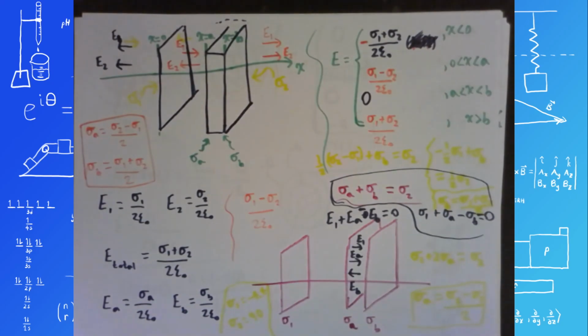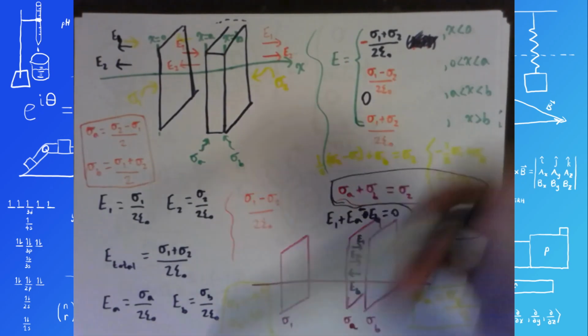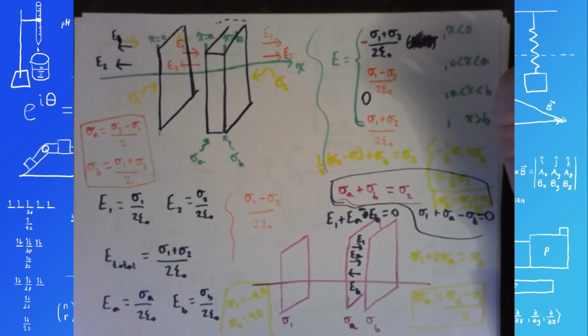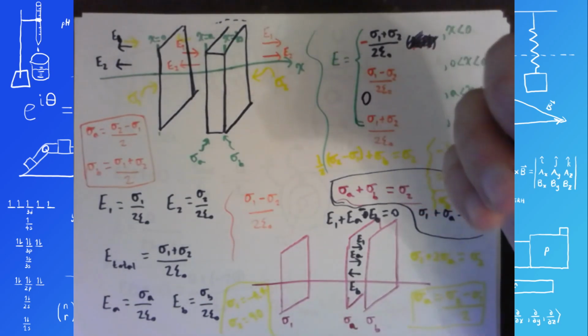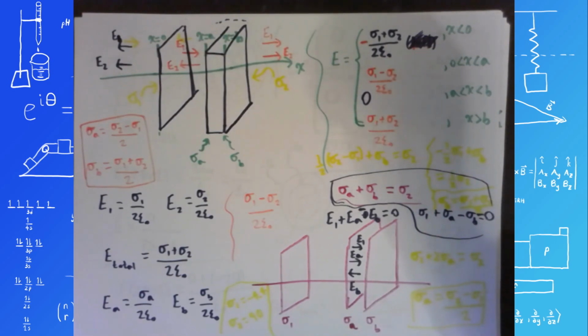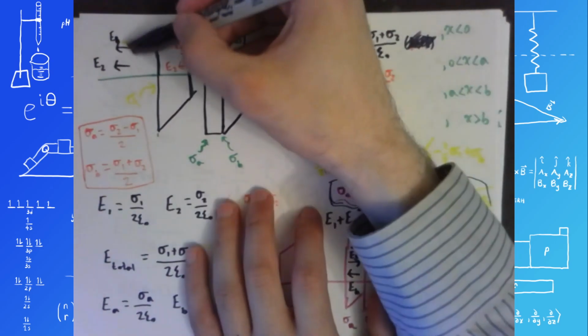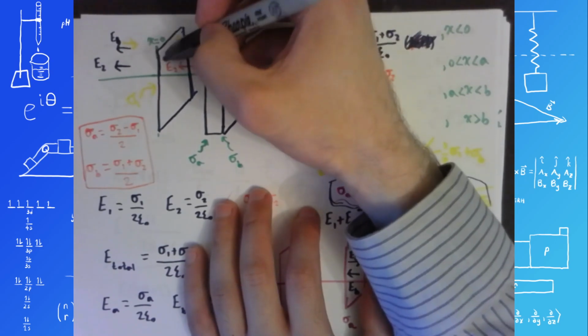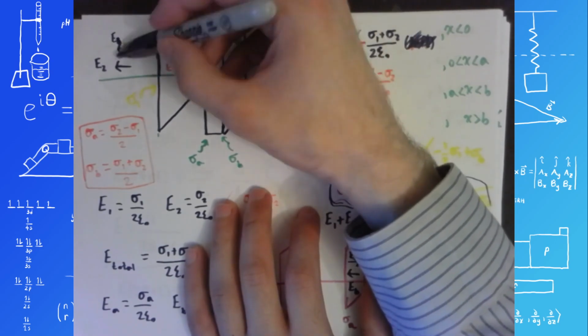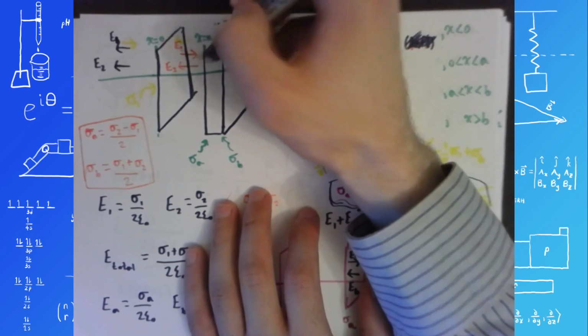And be very careful about assigning negatives to the magnitudes of your electric fields in that case, because the common pitfall that students tend to fall for with these is they forget that the electric field due to any individual sheet is going to have opposite directions on opposite sides of the sheet.